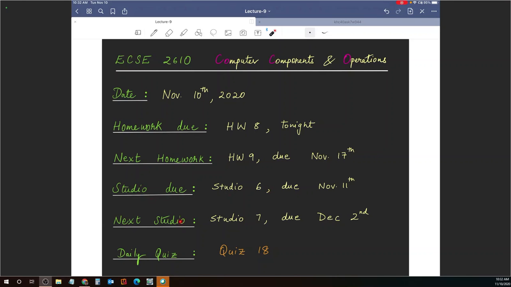The next studio, which is sort of an exciting studio, we are going to go back to the FPGA Basys 3 board, Studio 7. That is due December 2nd. So I'm going to give you guys 2 weeks to work on that, and in the middle you will have the Thanksgiving break. But hopefully that is enough time for you to work on Studio 7, in which you come up with your own custom message and make it scroll on the 4 7-segment displays.